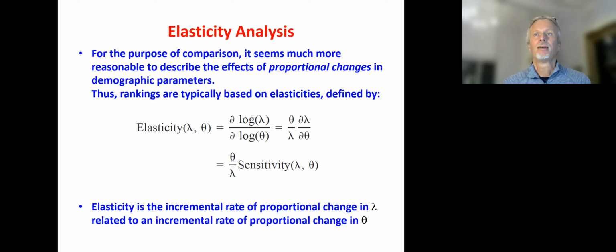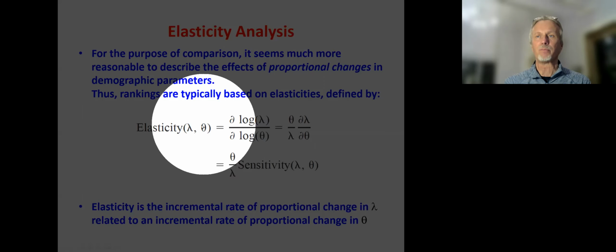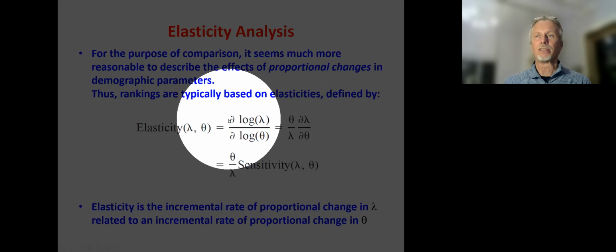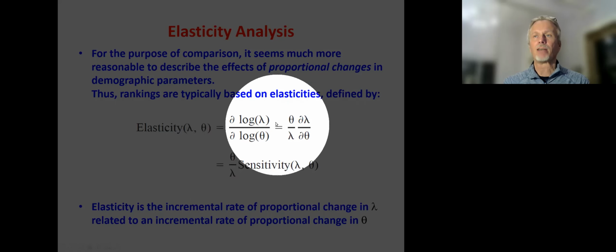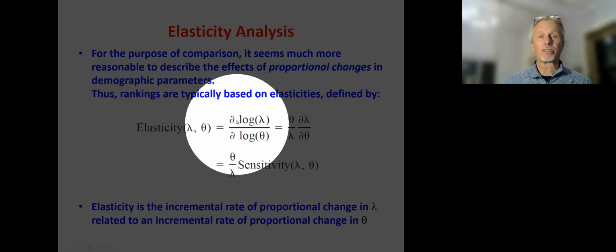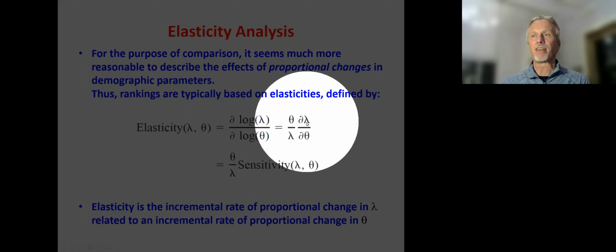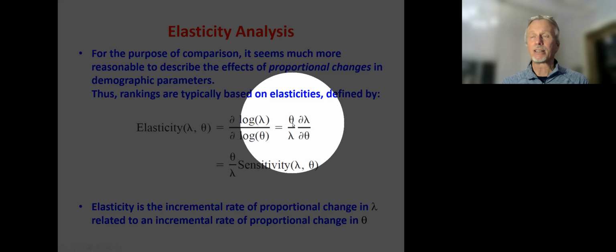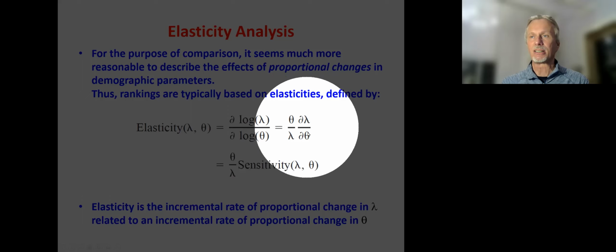Thus, the rankings are typically based on elasticity, which is defined in this way. The elasticity of lambda with respect to the parameter theta is equal to the derivative of the logarithm of lambda over the logarithm of theta. By taking advantage of the properties of the logarithm, this is equal to the derivative of lambda divided by lambda, divided by the derivative of theta divided by theta, which can also be represented as theta divided by lambda times the sensitivity, the derivative of lambda with respect to theta.